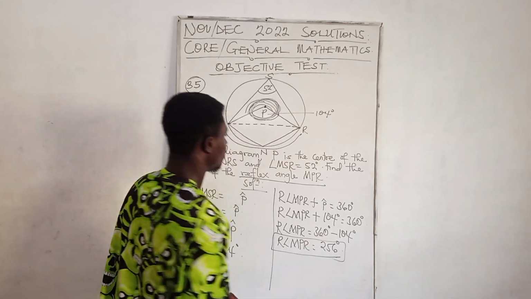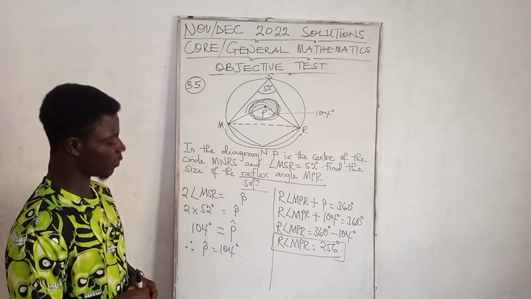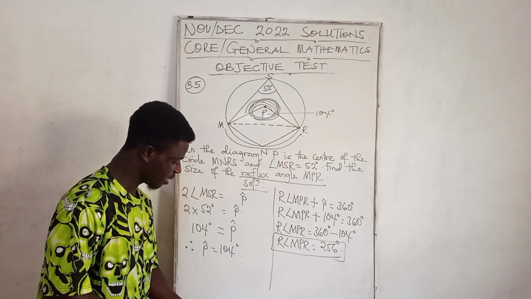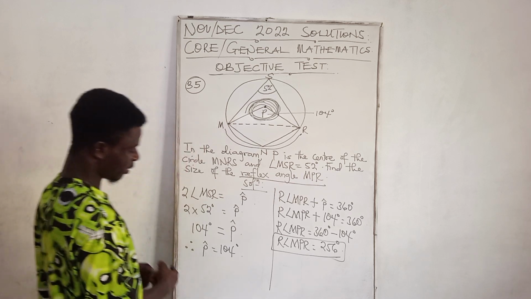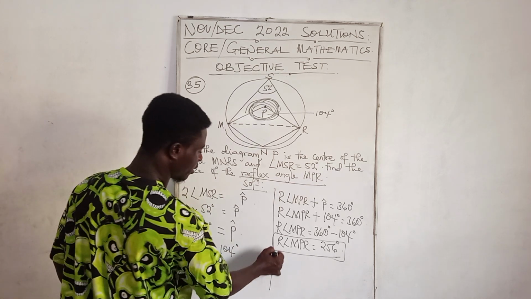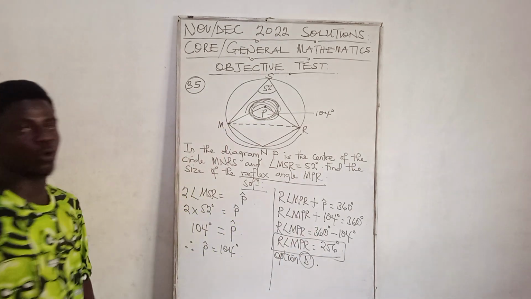So therefore, reflex angle MPR equals 256 degrees, which is option D. Option D for dog.